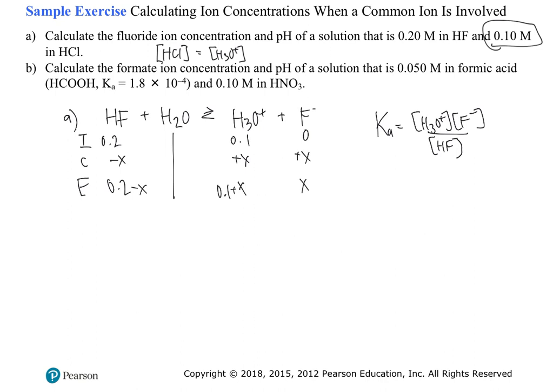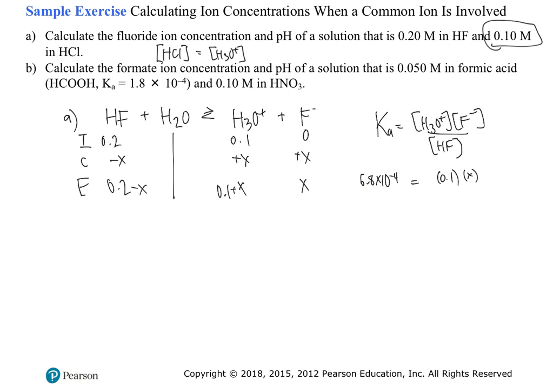So Ka, which is 6.8 times 10 to the negative 4. No, you do not need to memorize it, but I just happen to have the Ka of hydrofluoric acid memorized. So we're going to do 0.1 for hydronium. I'm going to get rid of the plus X because we have a common ion.